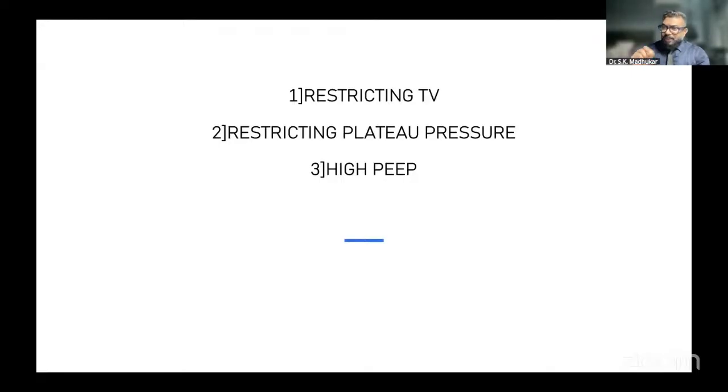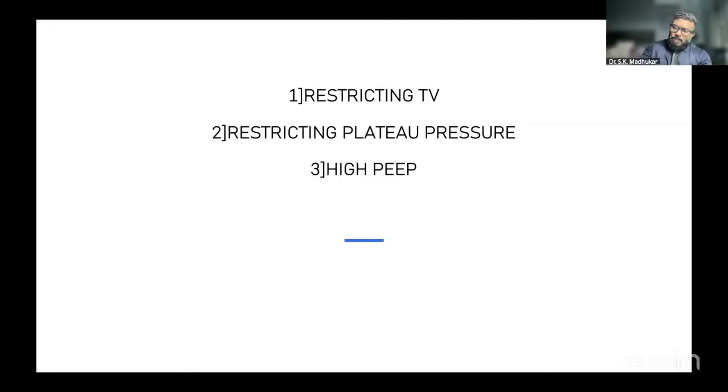First, restricting the tidal volume. Restriction of the tidal volume has been understood as the most effective method to prevent lung injury.